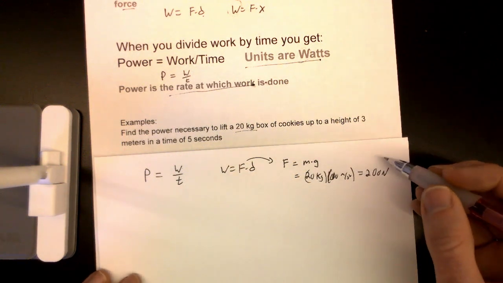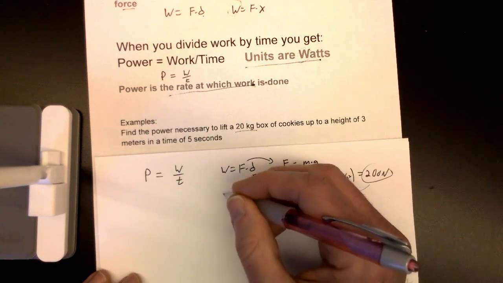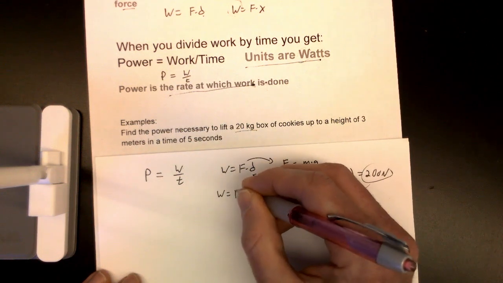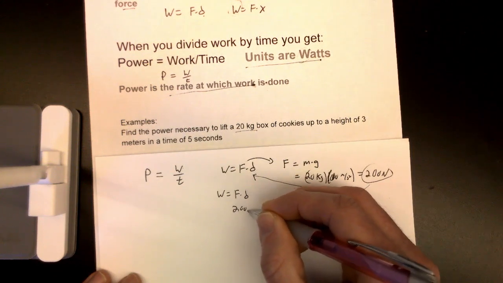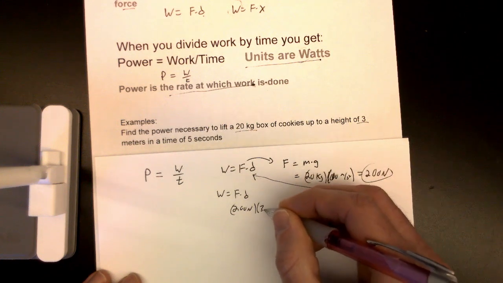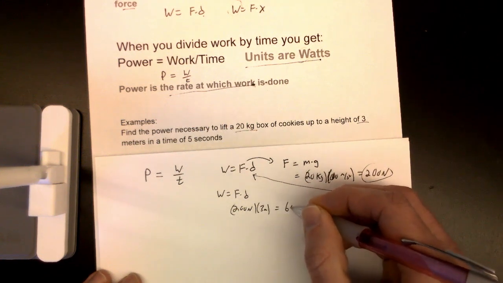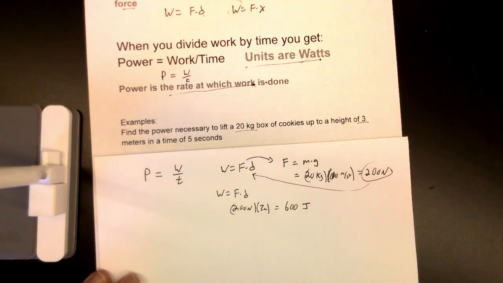So now we can take this and put that back into our work equation over here. So the work is force times distance. That's 200 newtons times our distance is 3 meters over here. So that's going to be 600 joules. Good.